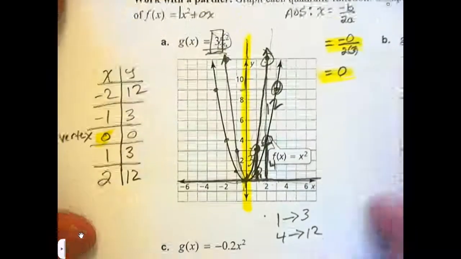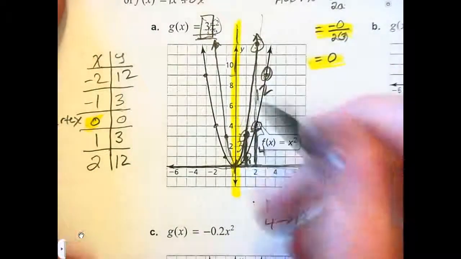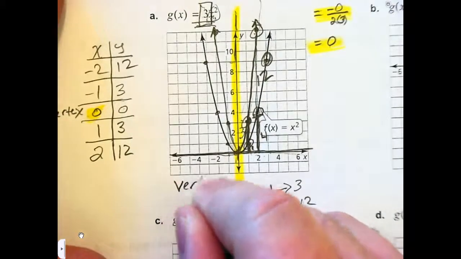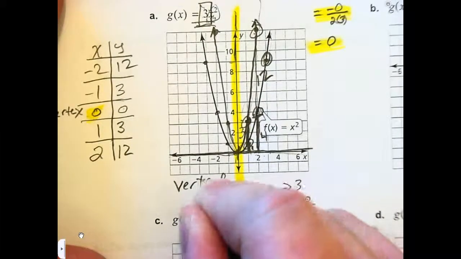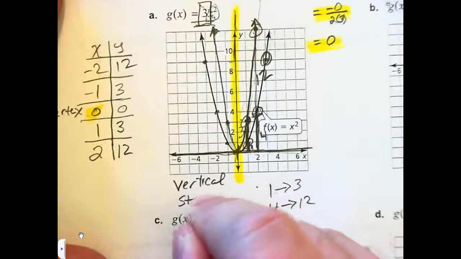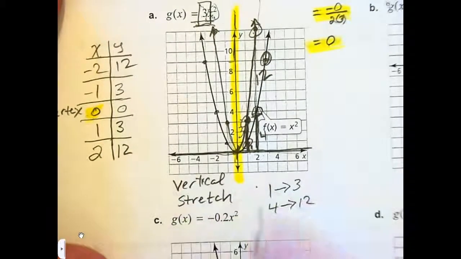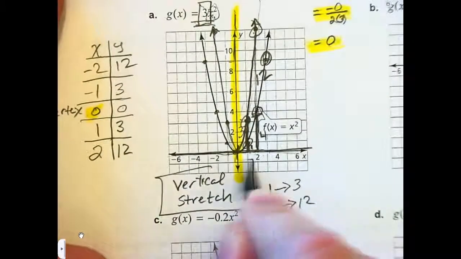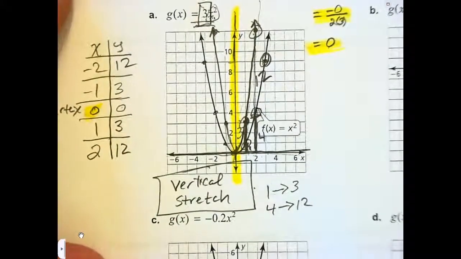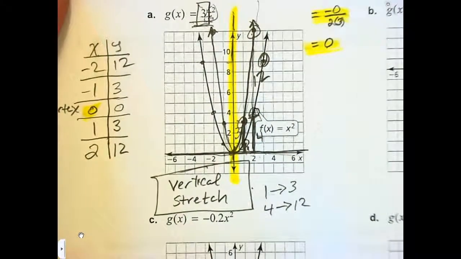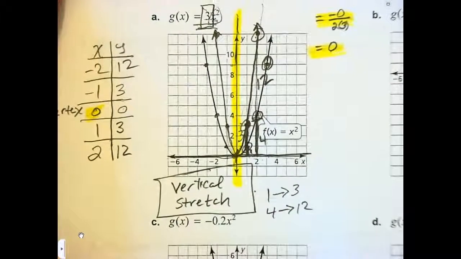You guys, we call these things, stay with me now. This right here is called a vertical stretch. That is a vertical stretch. Okay, tell your neighbor why we would call that a stretch. What are you stretching, and where are you stretching from?